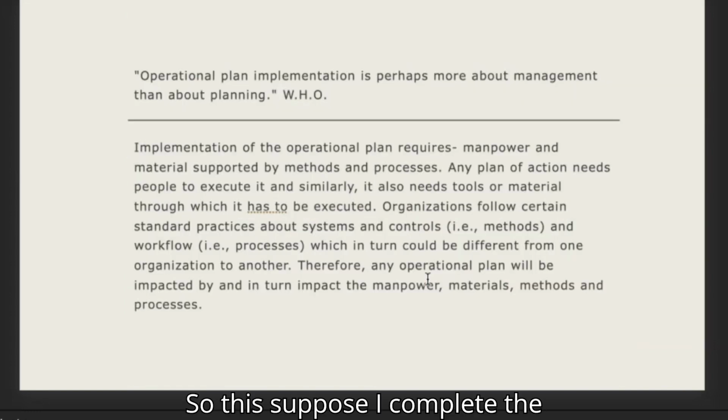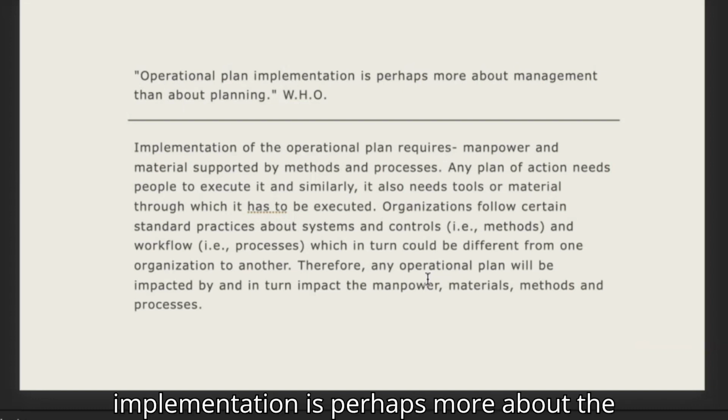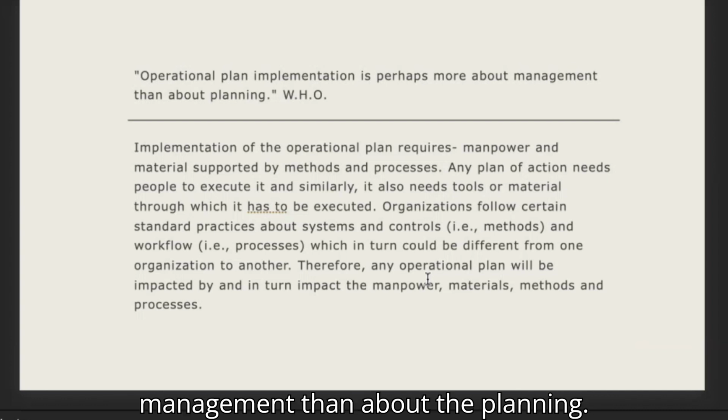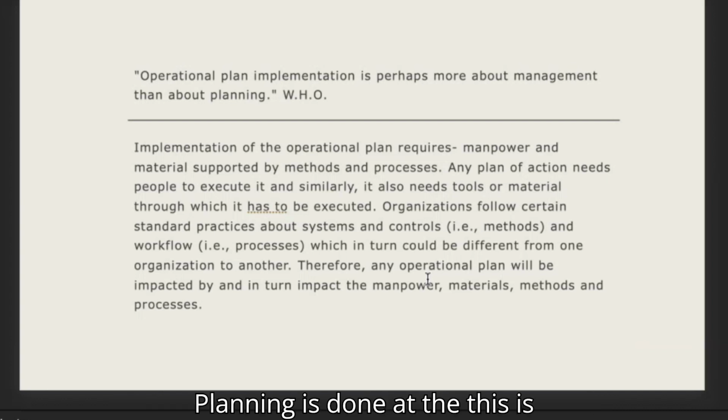Operational plan implementation is perhaps more about the management than about the planning. Planning is done at the top, this is said by WHO, the World Health Organization.